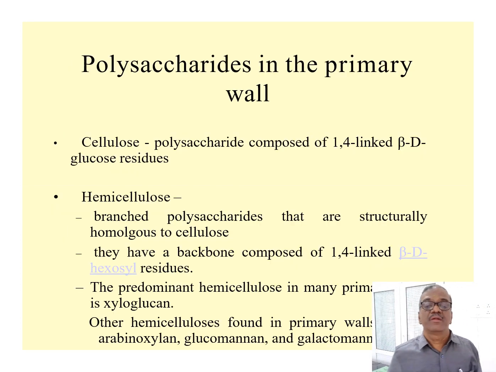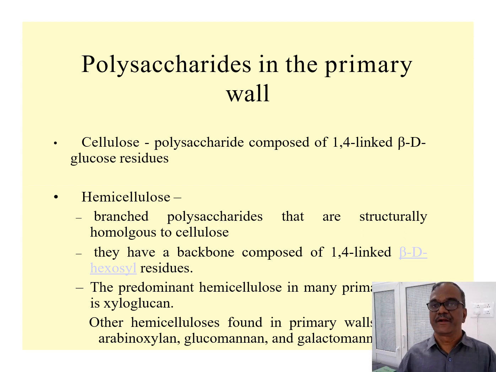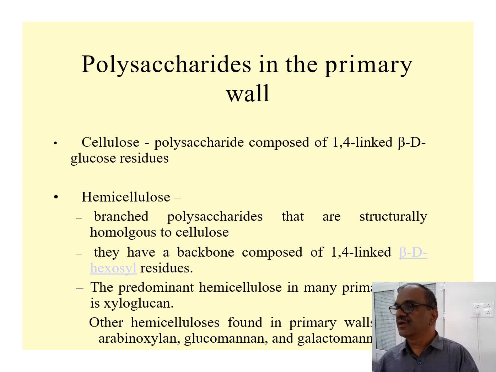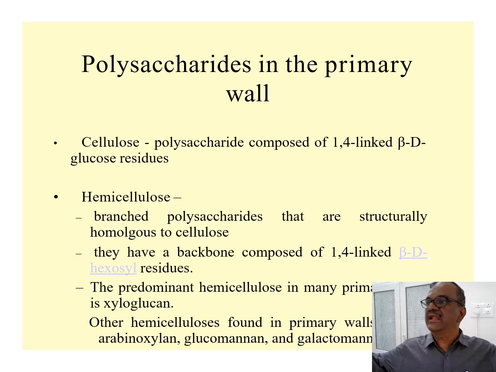Okay, then polysaccharides in the primary wall, how are they formed? Okay, there is a linkage. So in that, especially the cellulose, it has a linkage of 1,4 beta D glucose residues. The 1,4 linkage occurs between the glucose subunits, and then it forms a layer of cellulose.